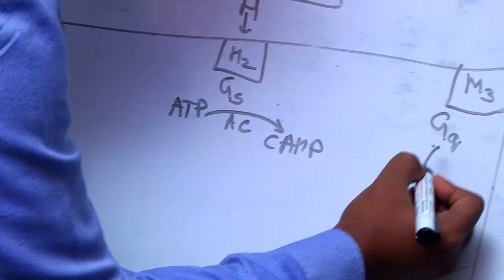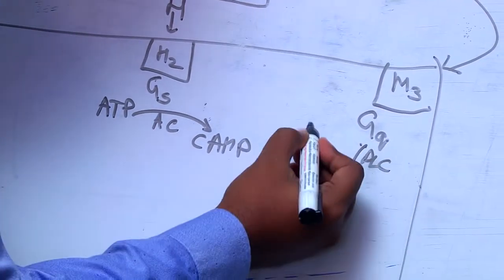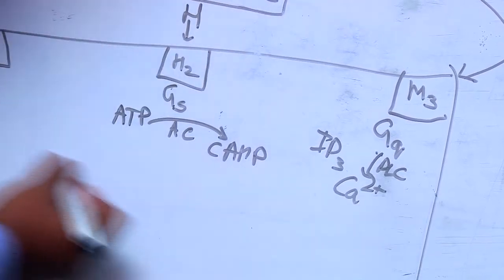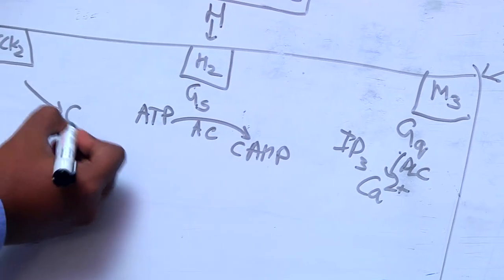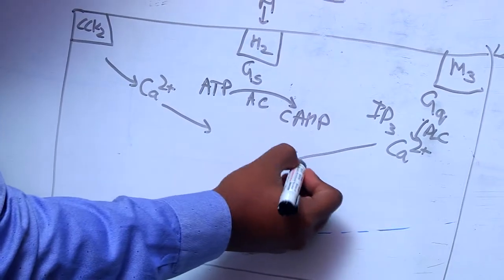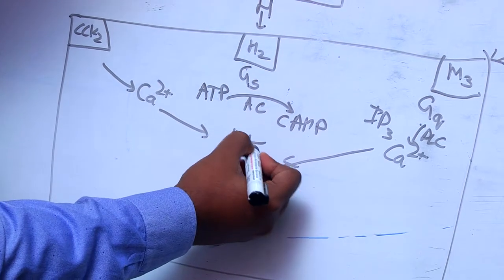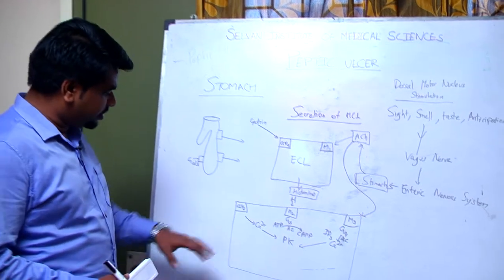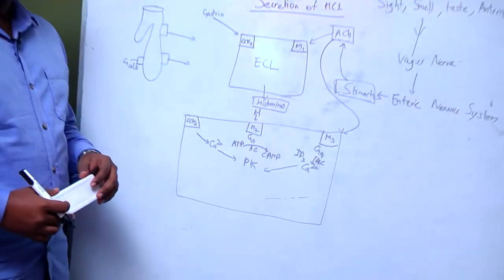Here also, because of the PLC activity and IP3 activity, you get calcium intrusion. Here also the same calcium intrusion takes place. So all this together leads to activation of protein kinase. In the last lecture we were talking about the carbonic anhydrase system.